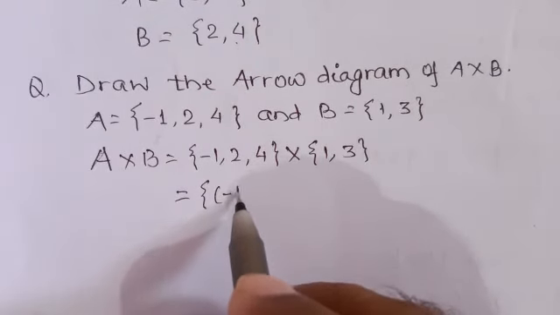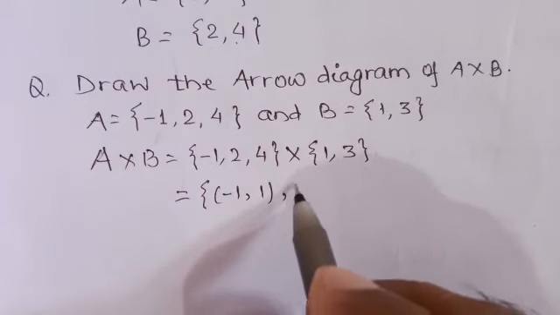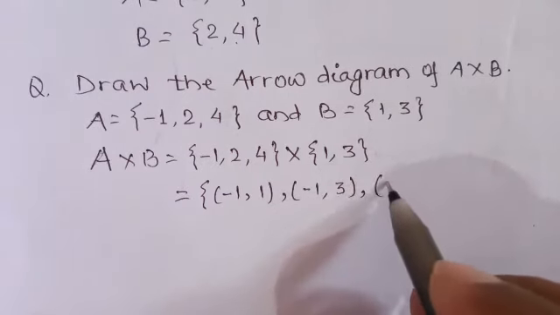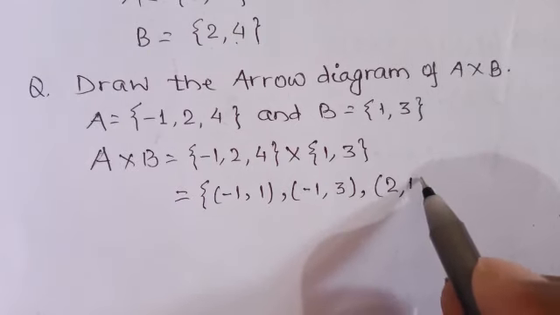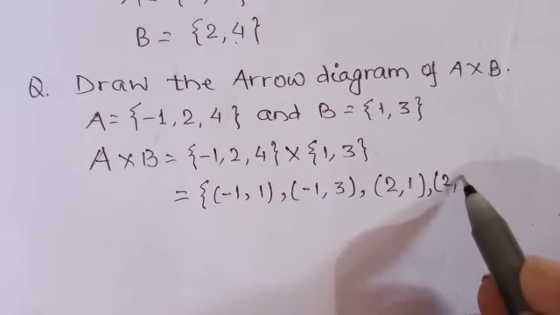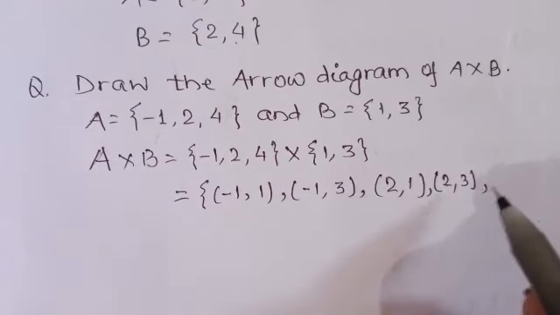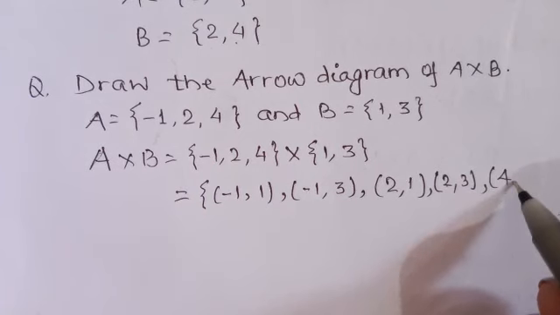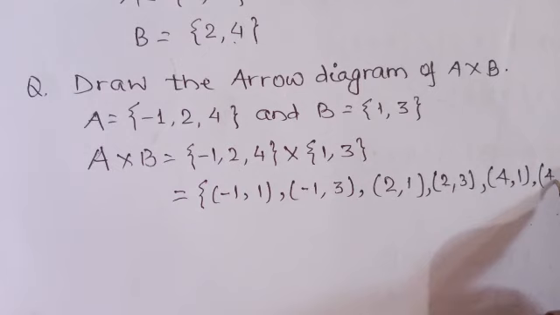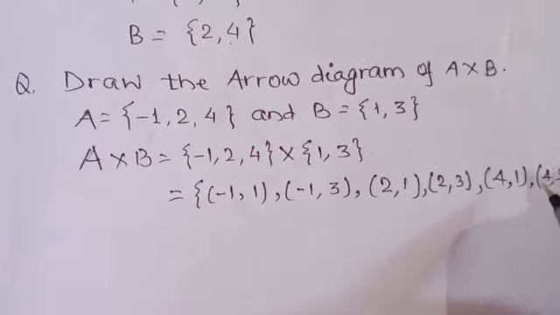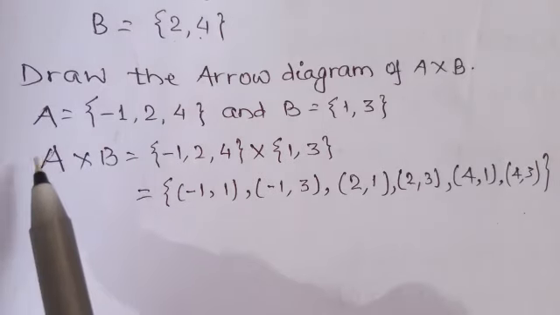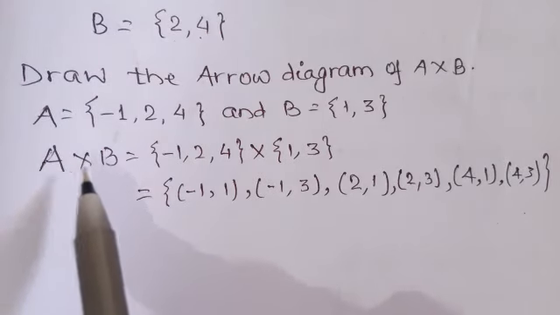It should be (-1, 1), (-1, 3), (2, 1), (2, 3), then (4, 1) and (4, 3). This is the Cartesian product of A and B.